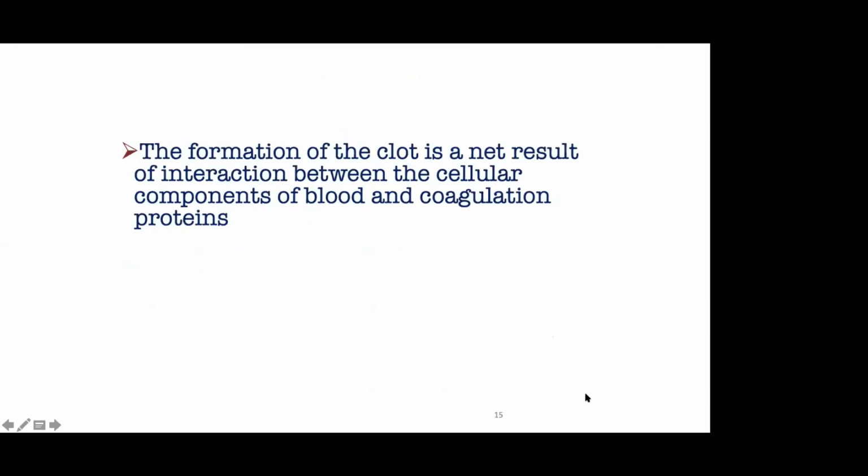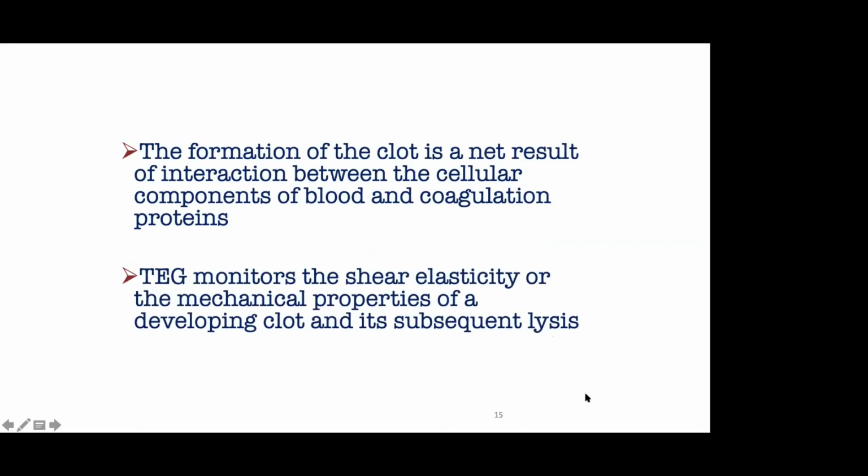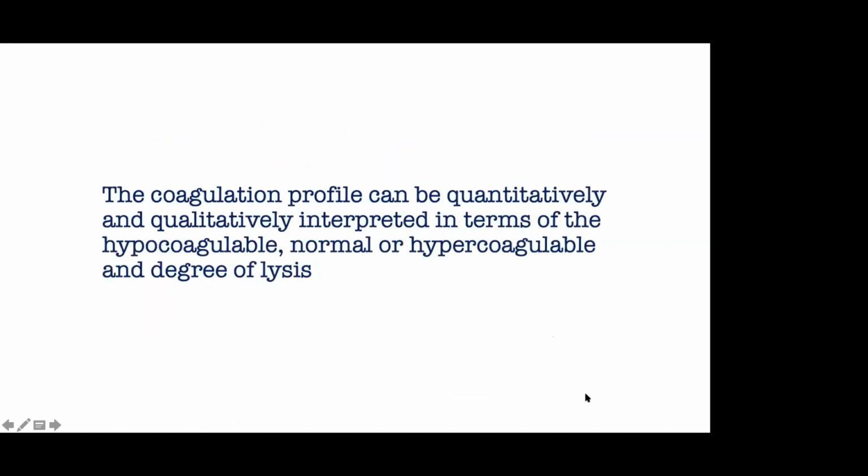The formation of the clot is the net result of interaction between the cellular components of the blood and the coagulation proteins, that is, platelets and coagulation proteins interacting with each other. The TEG monitors the shear elasticity, or mechanical properties, of the developing clot and its subsequent lysis.